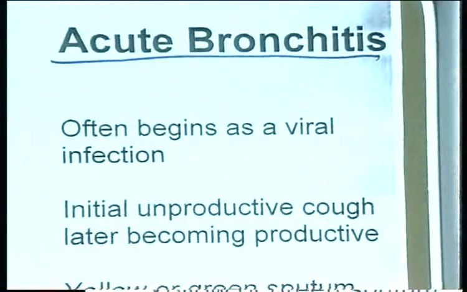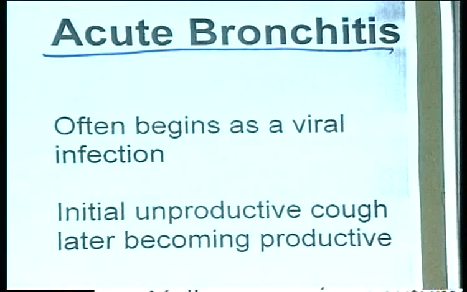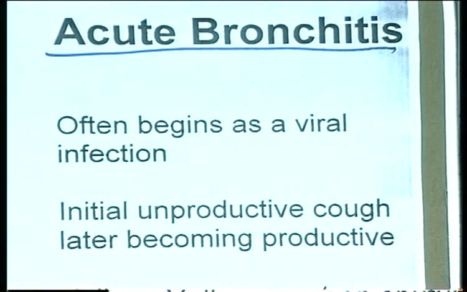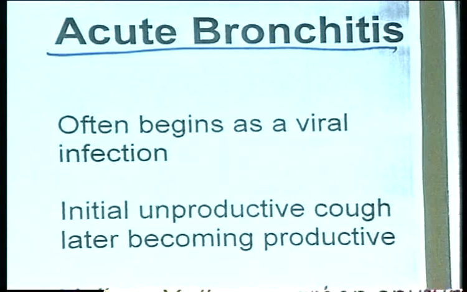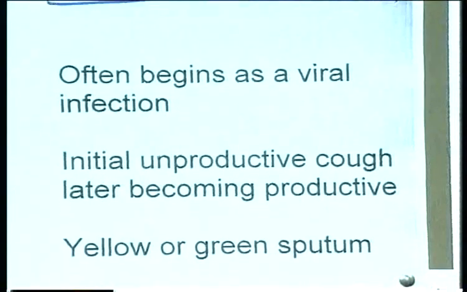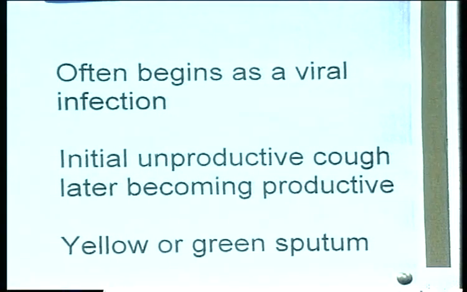So as we've said, it often begins as a viral infection. And typically, initially, there's a cough because of the irritation to the bronchial tree, but it's often unproductive. And it becomes productive later on as the infection starts to clear out from the lungs. And quite a lot of mucus can be coughed up later on in the infection.